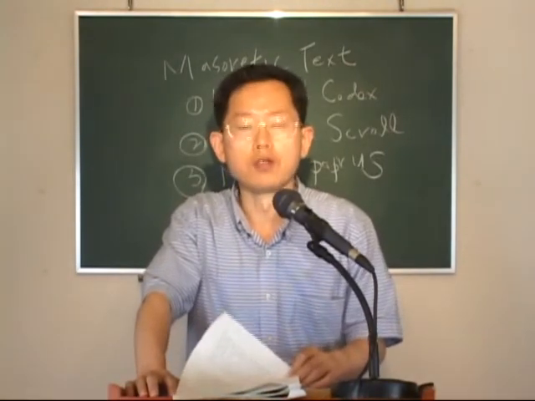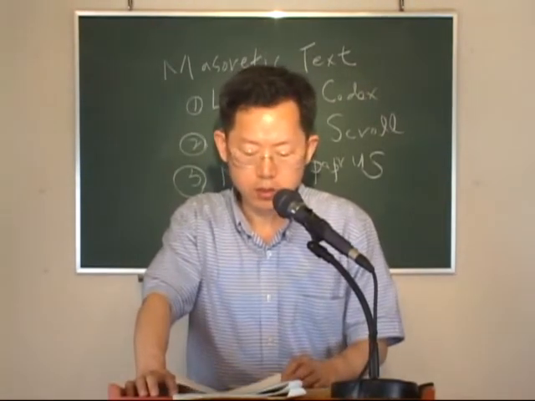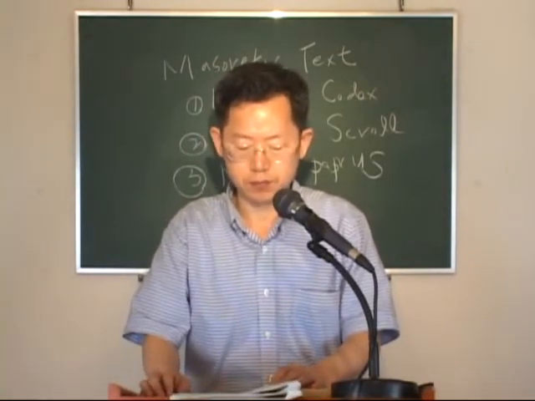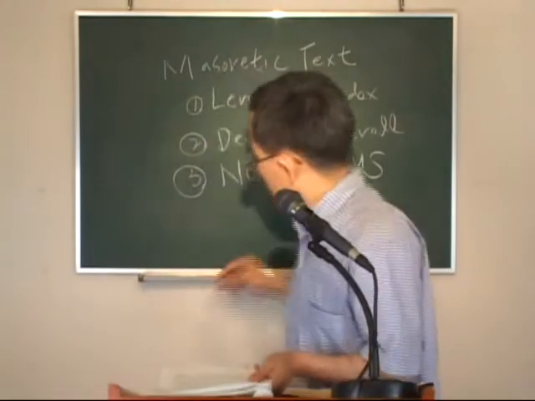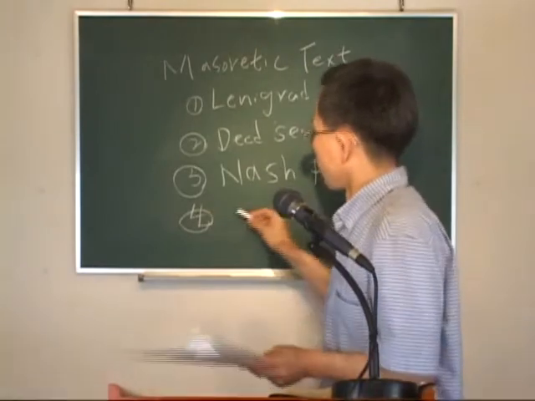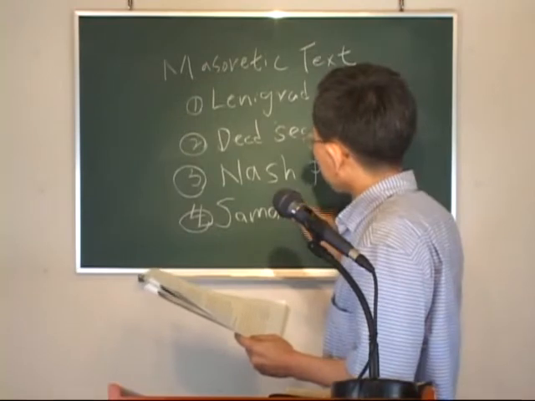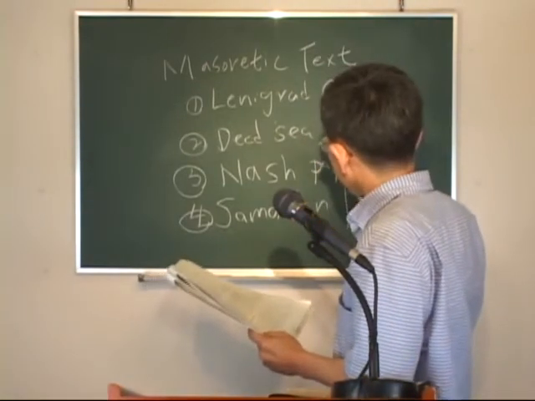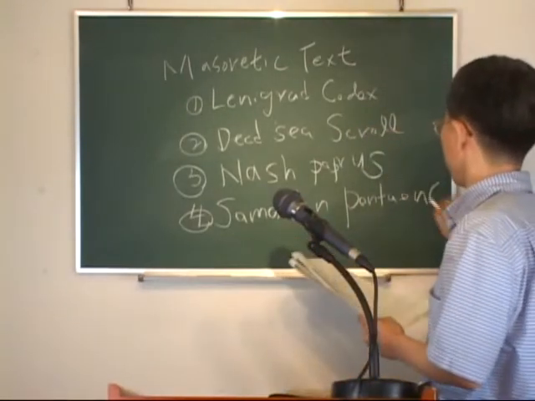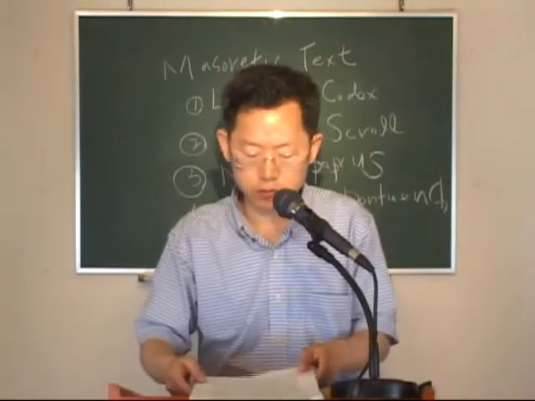We have with us the Masorah, which is the Hebrew Bible passed on to us since 500 AD. There is a copy that can prove that the Hebrew copy of the Masorah is very similar to the original text.